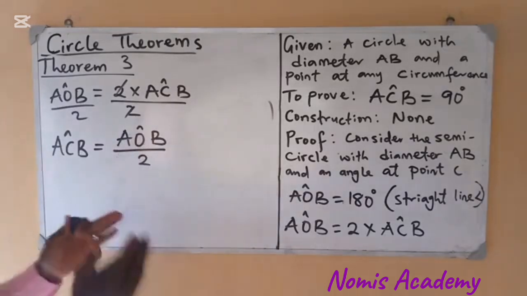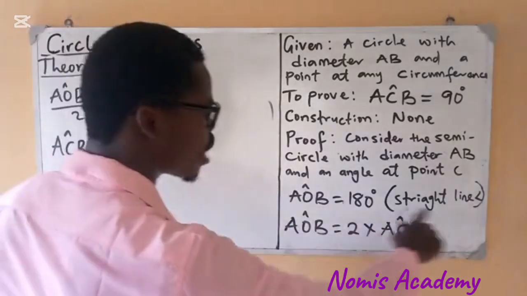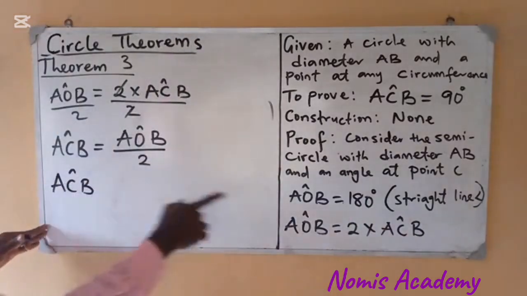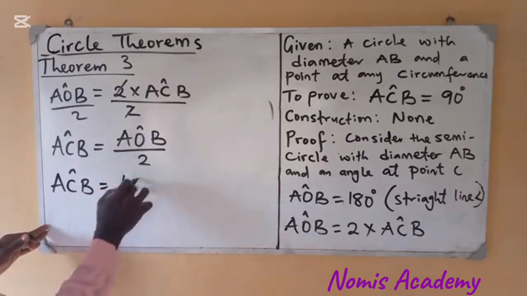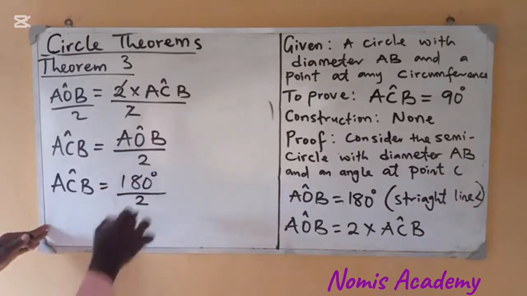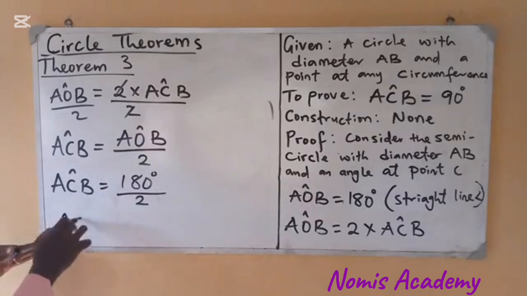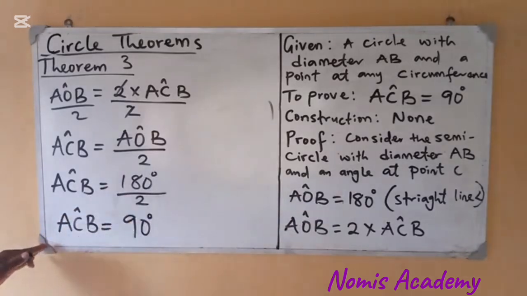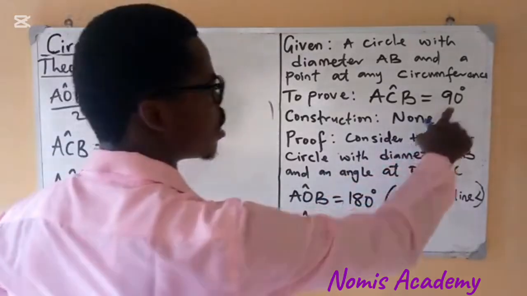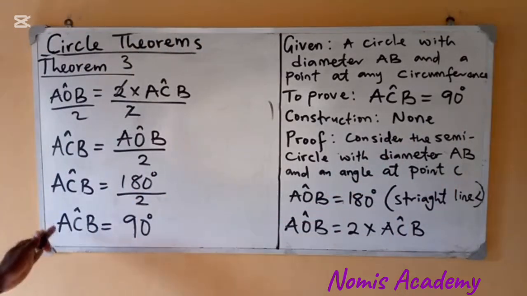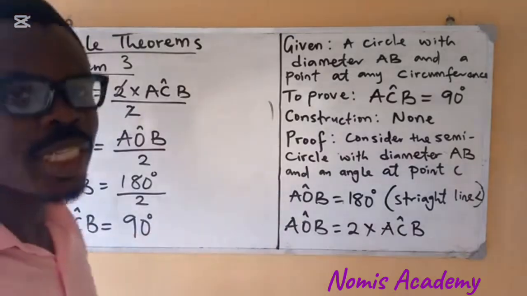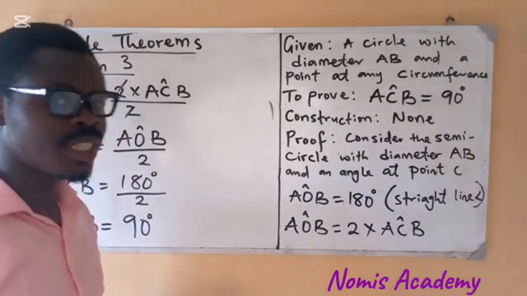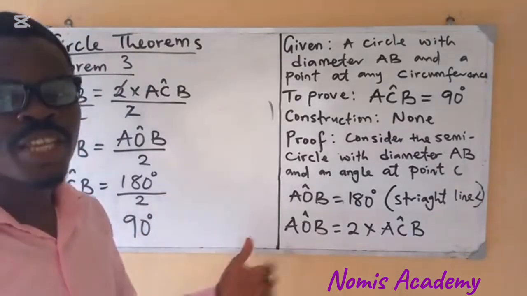Remember, AOB is an angle, okay, a straight line angle, which is 180 degrees. So we substitute 180 degrees all over 2. So therefore, ACB is equal to 90 degrees, which is the right angle. So you can see that the angle in a semicircle is a right angle, that is 90 degrees.